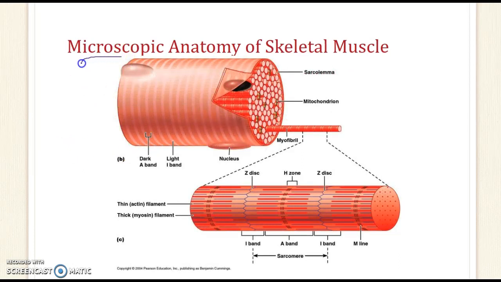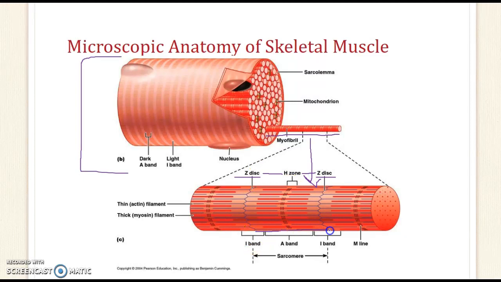Once again, we've already seen this picture. Here's our one skeletal muscle fiber. We zoom in, and there are hundreds of these rod-like units called myofibrils. When we zoom in on the myofibril, we start to see the sarcomeres. Sarcomeres start at the Z disc, so from Z disc to Z disc is one sarcomere.